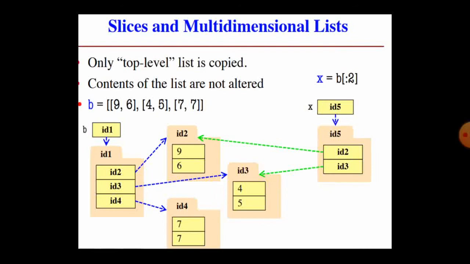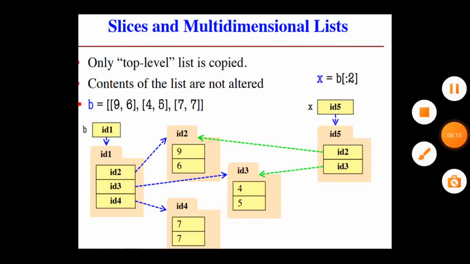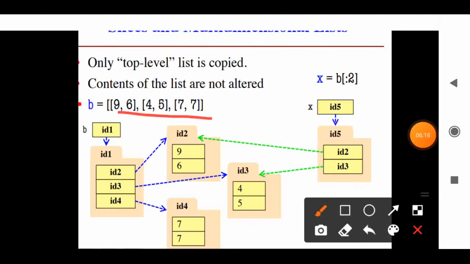Slicing a multi-dimensional list. We can access this multi-dimensional list using the index value, and we can also use slicing. We have stored in the variable b the value of this list. Can you say what this list is? Yes, it is a nested list, a 2D list.